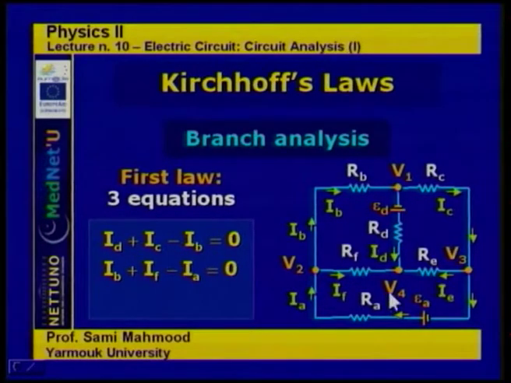Now, from the second node, we have IB leaving the node plus IF leaving the node minus IA entering the node is equal to 0. And from the third node, we have IE leaving the node plus IA leaving the node minus IC entering the node is equal to 0.